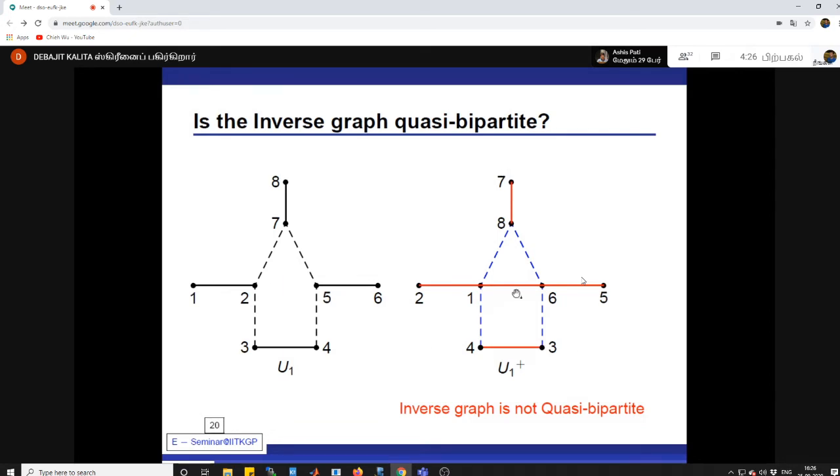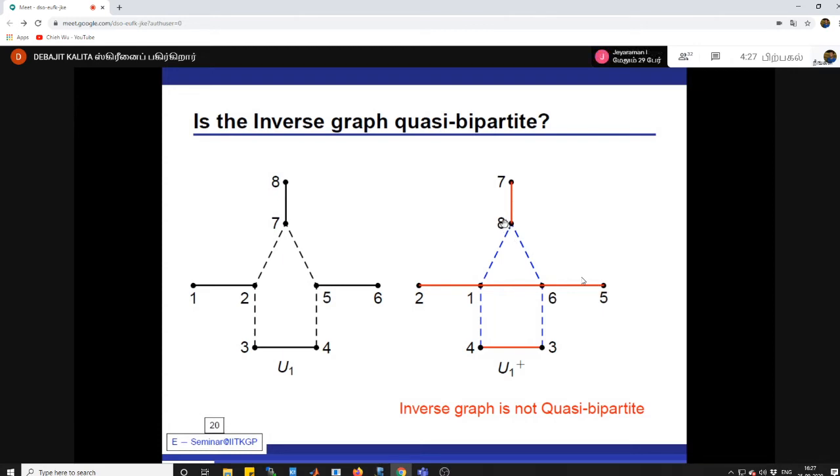How? Suppose that it is quasi-bipartite. Then we can partition the vertex set into two subsets, say V1 and V2, such that edges within V1 are all blue, edges within V2 are all blue, and edges joining V1 and V2 are all red. Since there is a red edge between 1 and 6, 1 and 6 have to be in different partite sets. They cannot lie in the same partite set. So say 1 is in V1 and 6 is in V2.